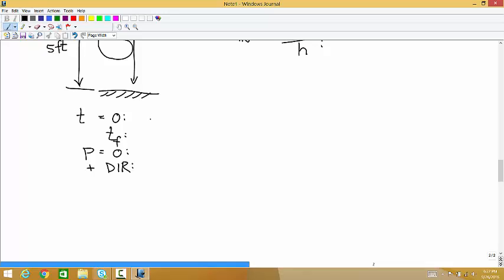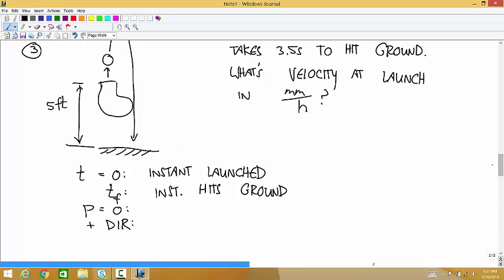Time equals 0 is the instant that it's launched. Time final is the instant it hits the ground. I'm going to put the 0 on the ground and the positive direction up.